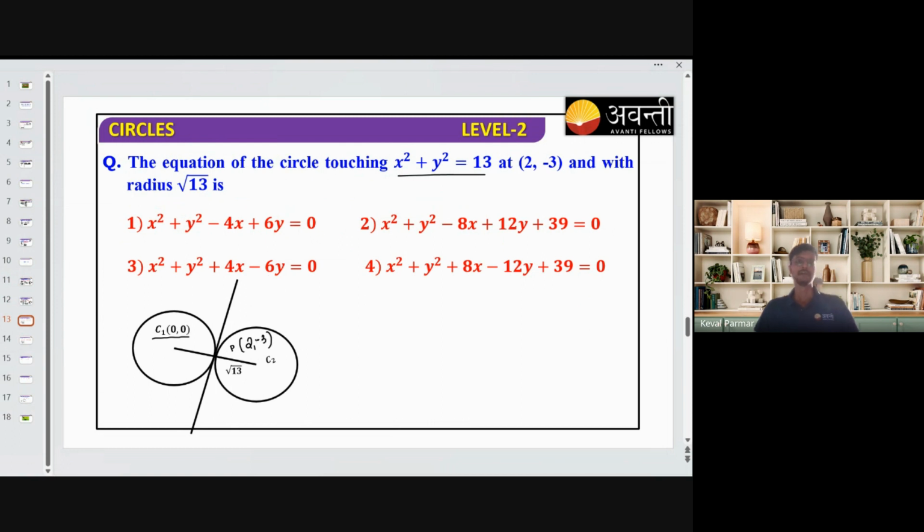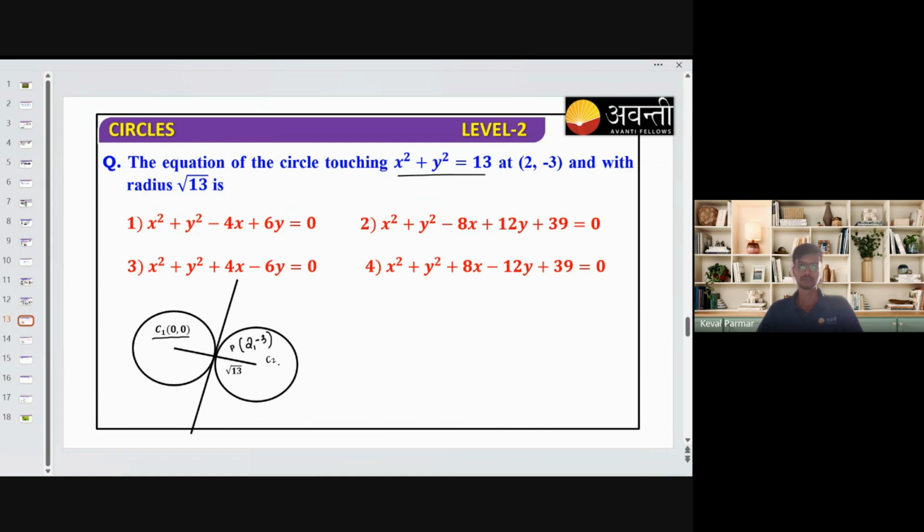We require the equation of this circle with center C2. We have already been given the radius is root 13. So we require the center, right?